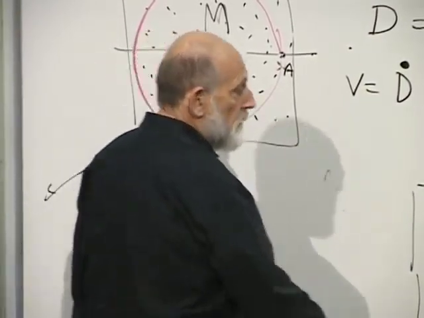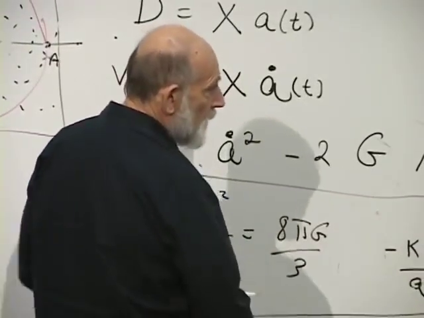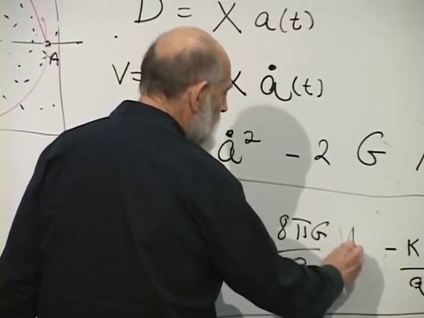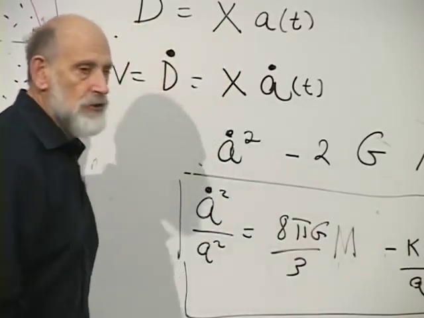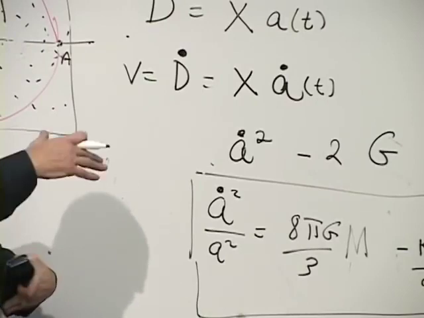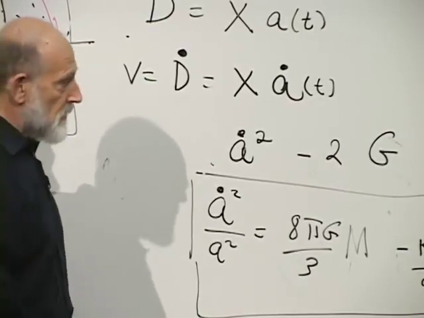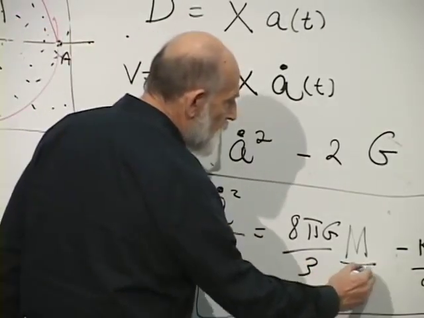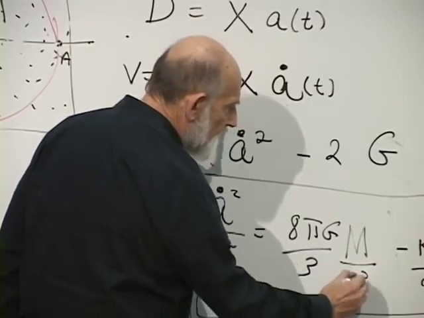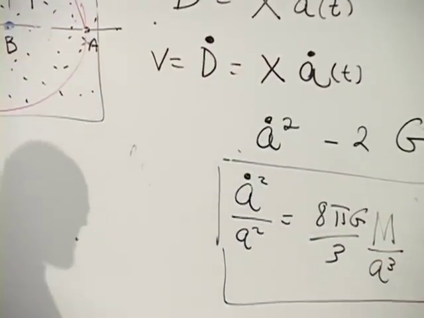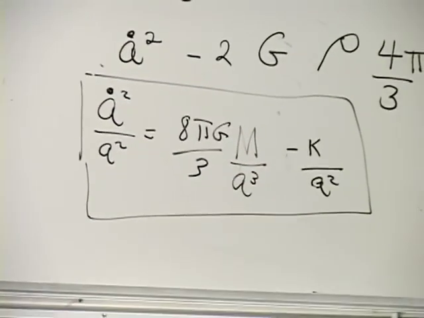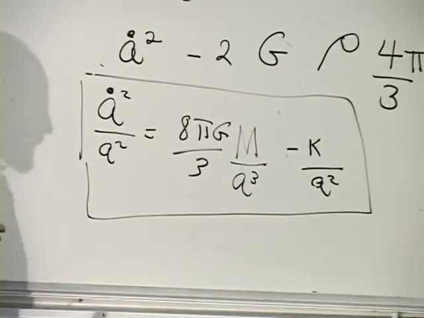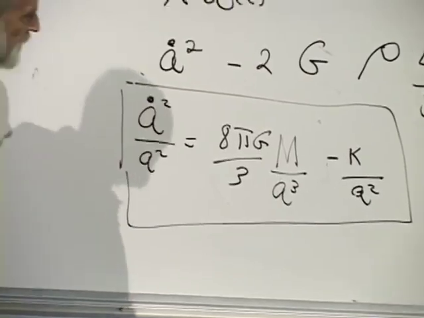This equation becomes: m is not the mass of the sun or the galaxy, it's just the mass in the cubic region of space, 1 unit on a side, divided by a cubed. That is the Friedmann-Robertson-Walker equation, the so-called matter-dominated case. We'll explain what that means later.